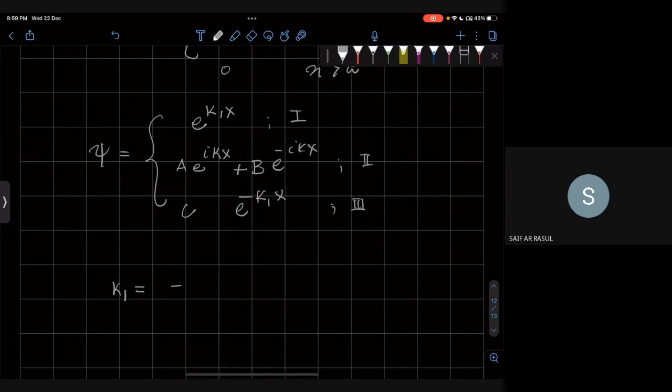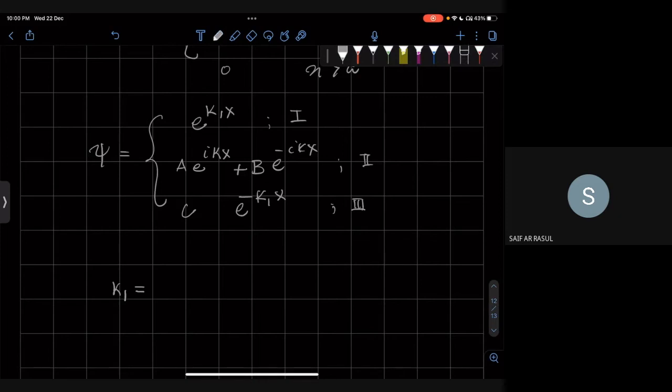Let me just remind you what K1 and K are. Actually, K1 is, it's the other way around here. I made a mistake in my notes.